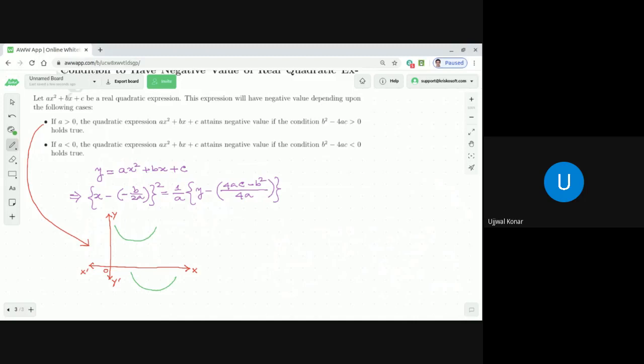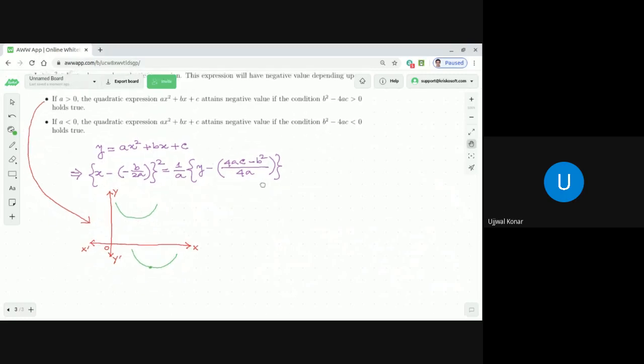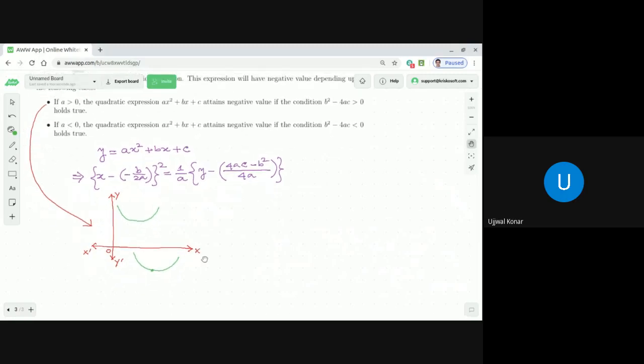When a is greater than 0, the curve will attain the negative value if the condition b square minus 4ac greater than 0 holds true. Negative value means that the value of y is actually below the x-axis. That means this kind of stuff. So what is the y coordinate? Y coordinate should be less than 0. What is the y coordinate, dear students?